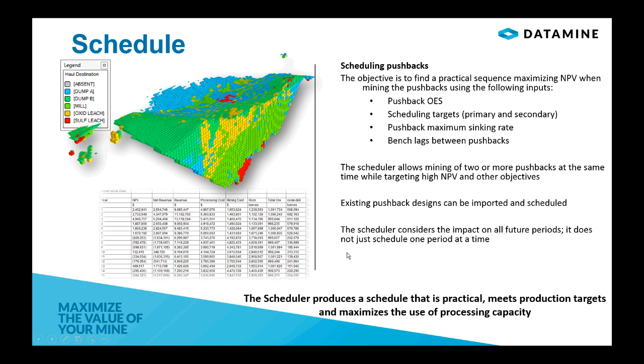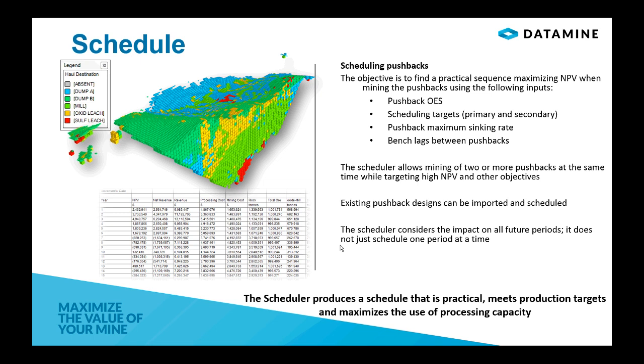The scheduler is using the pushback optimal extraction sequence, which is the sequence which we should follow in order to get the maximum NPV from our deposit. In addition, we are providing scheduling targets, primary and secondary. We are providing additional controls like maximum sinking rate and bench lags between pushbacks, and this allows us to quickly generate different scheduling alternatives that are mining the pushbacks that we provide for scheduling.